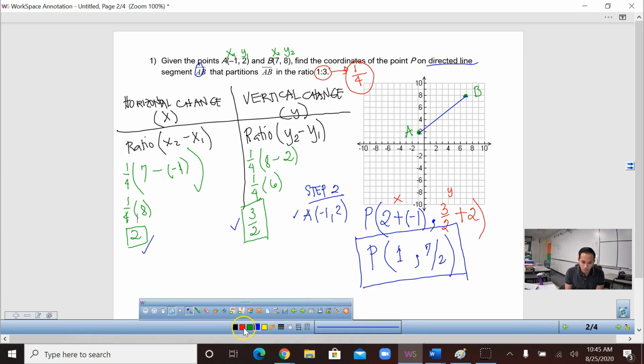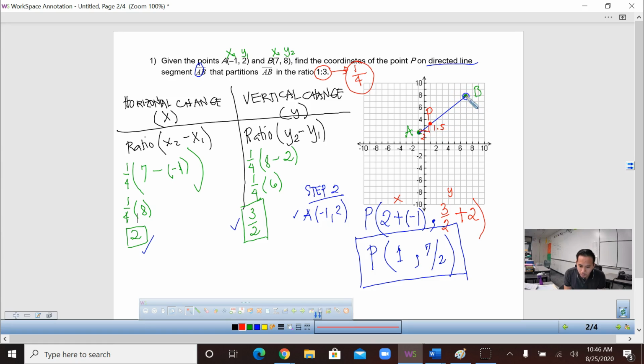So I'm going to graph point P. Maybe I'll be using red. So 1, that's 1, and then 1, 2, 3, and then 0.5, maybe it's here. So this is now your point P. If you take a look at this one, from here that's 1 and 2, from here that's 2, and then here is 1.5.